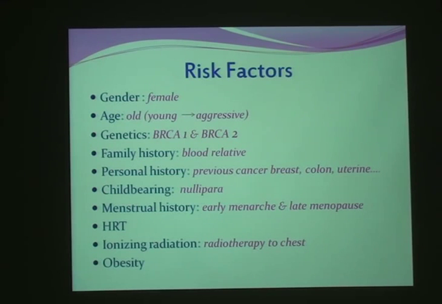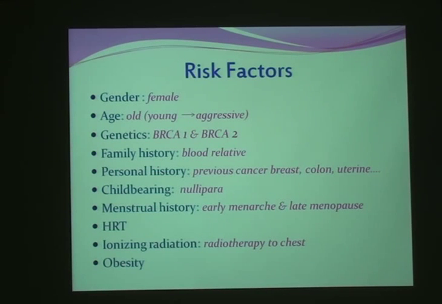Genetics, like BRCA1 and BRCA2 gene mutations. Family history, like blood relatives, especially first degree: sister, mother, and daughter. Personal history of some cancers, like colon or uterine, or previous contralateral or ipsilateral breast cancer. The nullipara female, because she is always under the effect of estrogen.